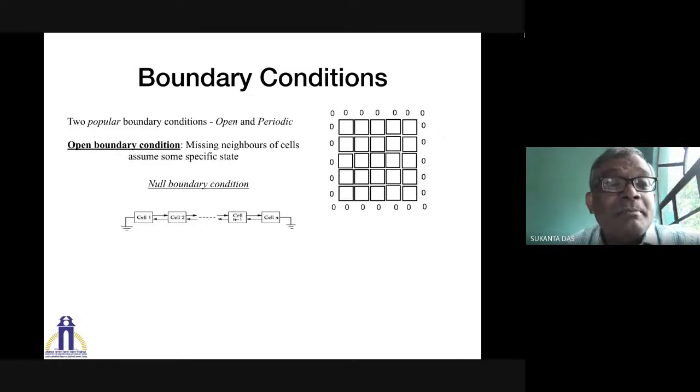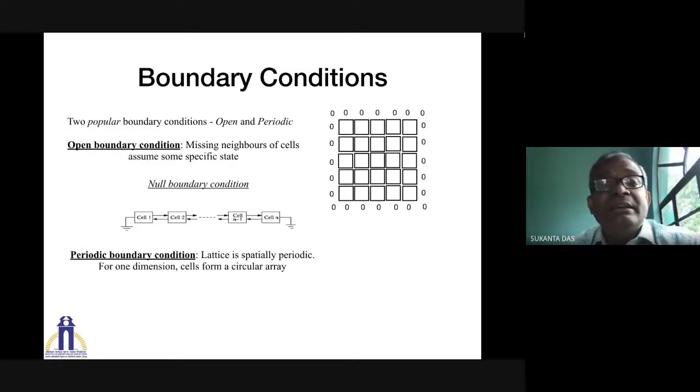Next one is periodic boundary condition. In case of periodic boundary condition, the lattice is considered spatially periodic. So, for example, for one-dimensional, say, cells form a circular array. So what does it mean? Take an example of one boundary case like this.